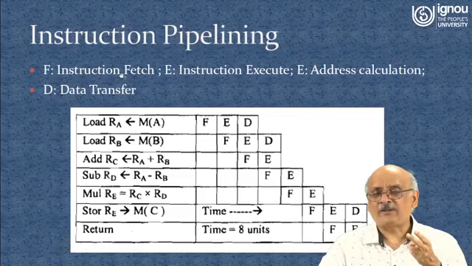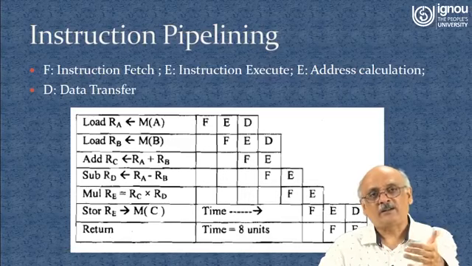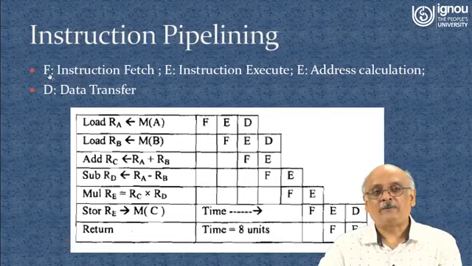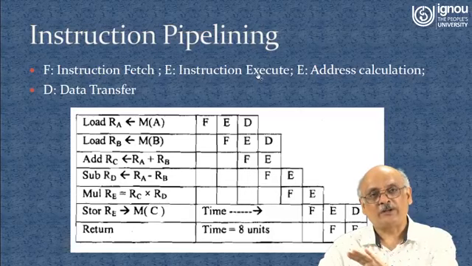There are two types of instructions when we are dealing with RISC: either memory load and store, or the register oriented instruction, only these two, right? So for one instruction we require instruction fetch and instruction execute. For a register to register operand, instruction fetch will be there and then instruction execution is going to take place.